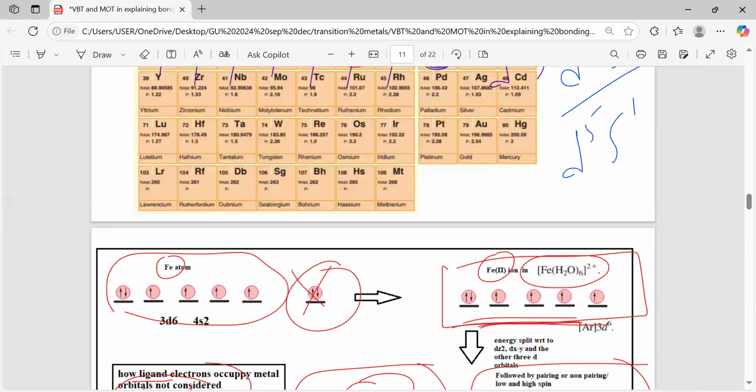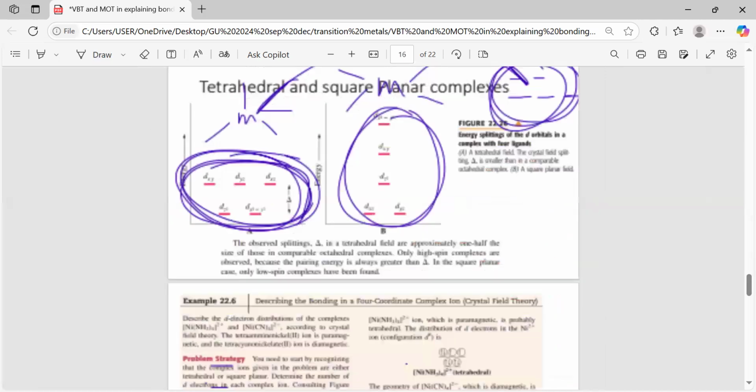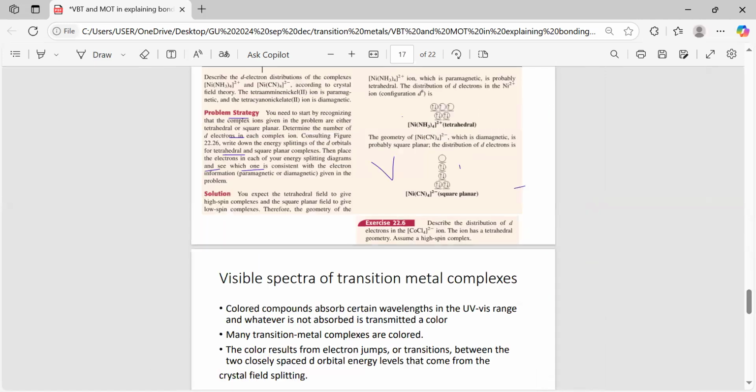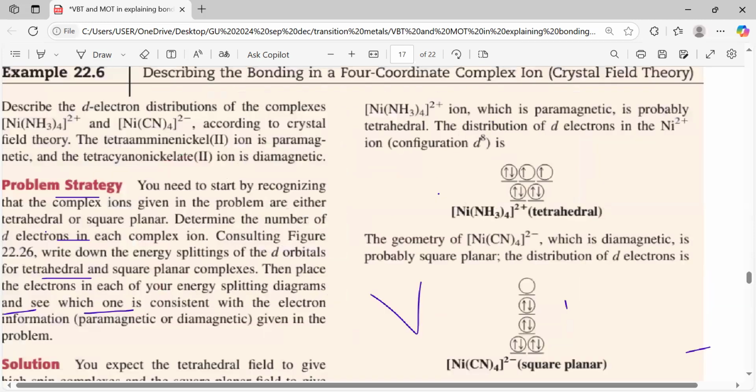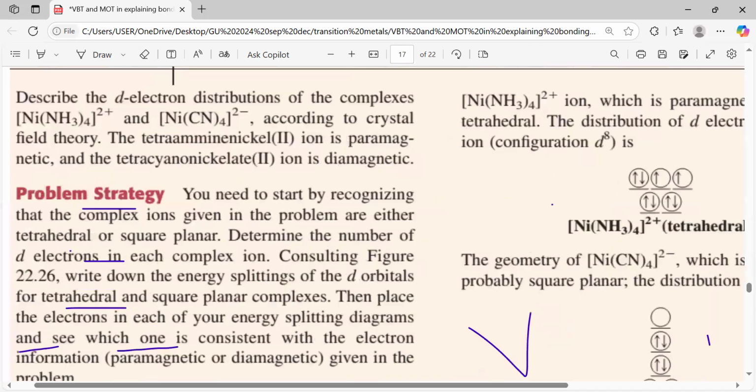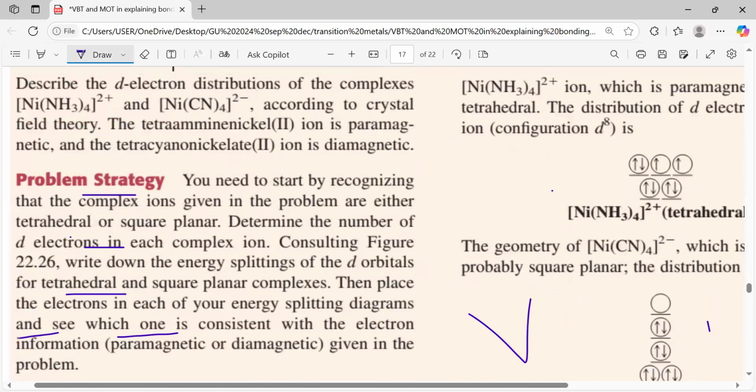Having known that nickel is d8, let's scroll quickly to our question. So nickel is d8, s2. But we can see from here, it's +2.